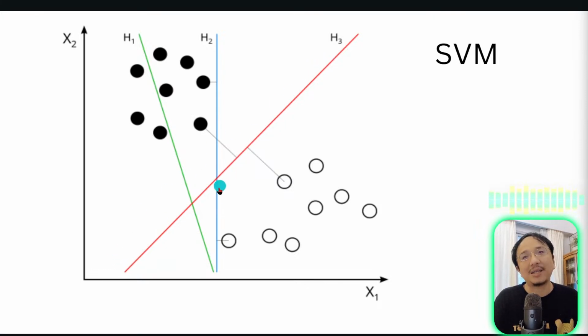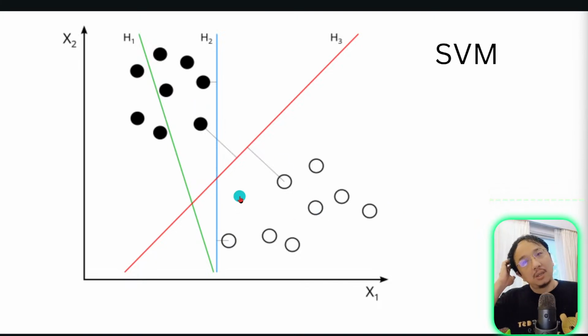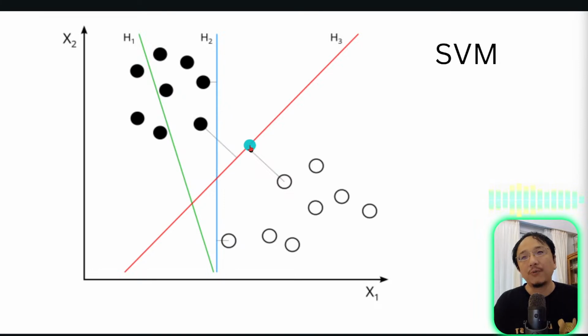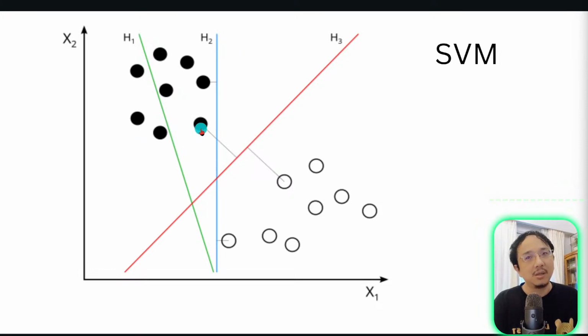The criterion to determine the best straight line is this: first we find the sample in the black class that is closest to this straight line, and the nearest white sample to this straight line.